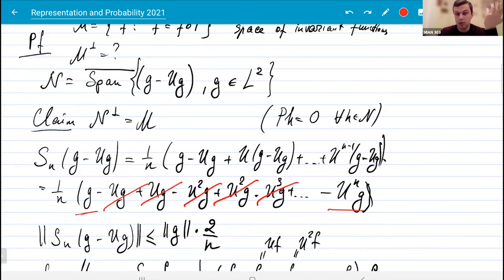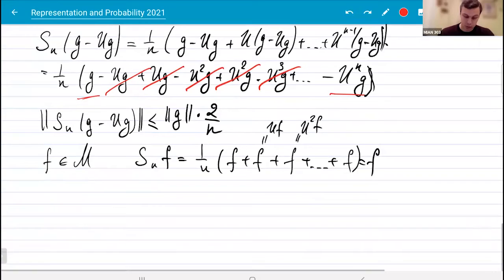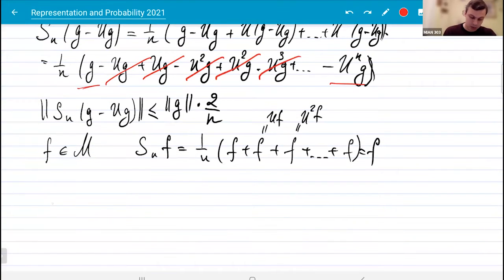and therefore I want to consider not only the elements of this form, but also the elements from the closure of this, so the limits of such elements. So let's say g_k minus U g_k tends to some h.